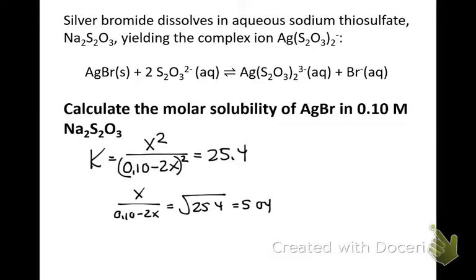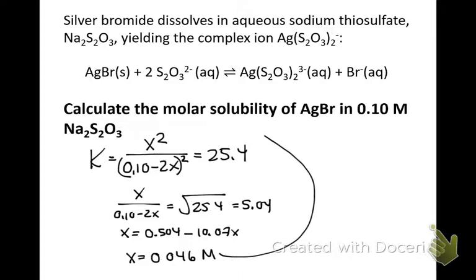And if we do that, we can solve for x. So x will equal 0.504 minus 10.07x. And I get that x ends up equaling 0.046 molar. So this would be the molar solubility of AgBr in 0.1 molar sodium thiosulfate.